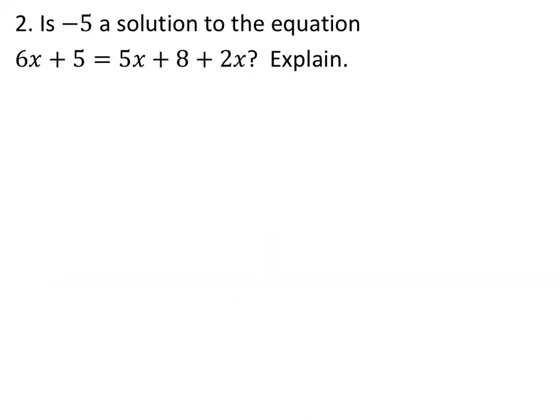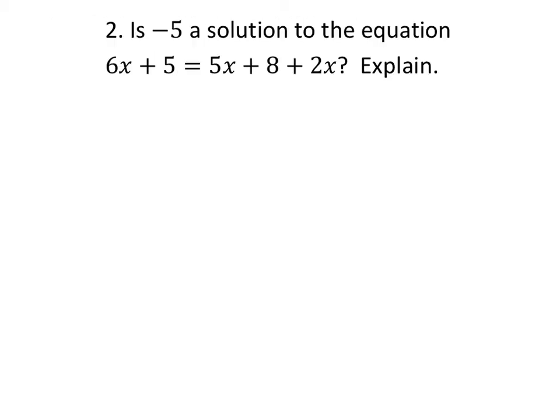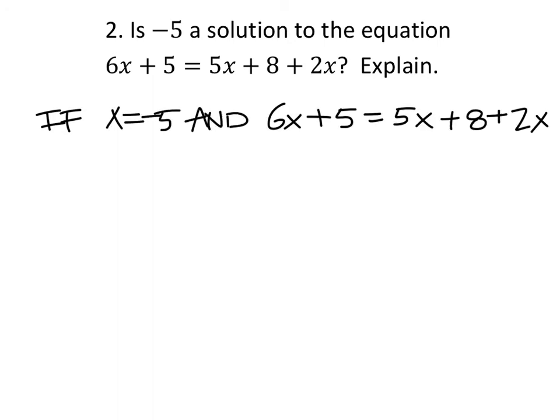Is negative 5 a solution to this equation? 6x plus 5 equals 5x plus 8 plus 2x. You guys try this one out. So we're going to take this explanation. If x equals negative 5, then it changes the equation into more of a question mark equation because we're not sure if they're equal.